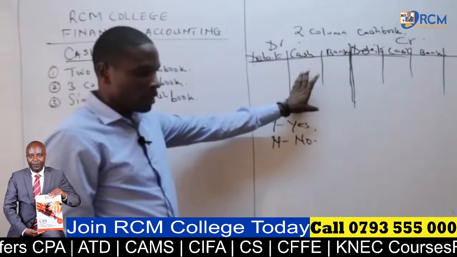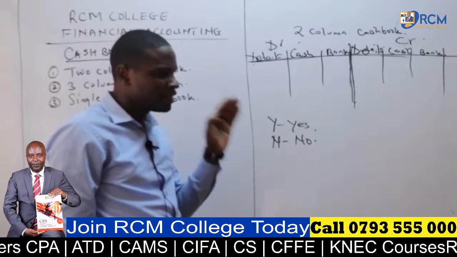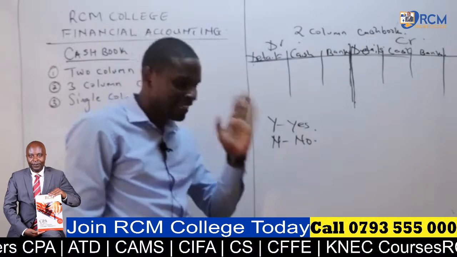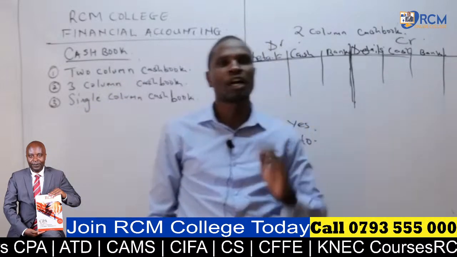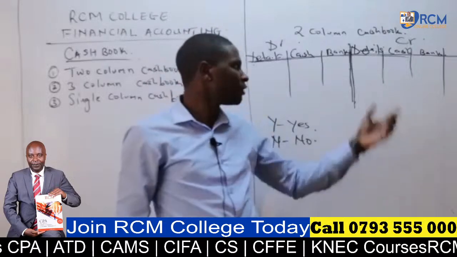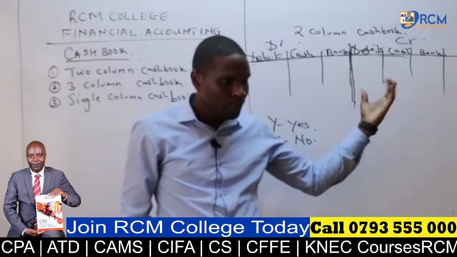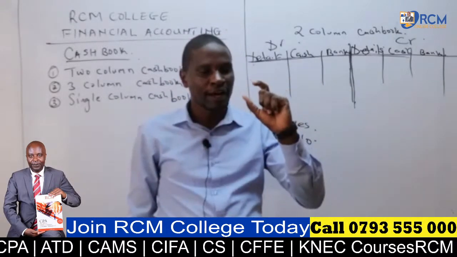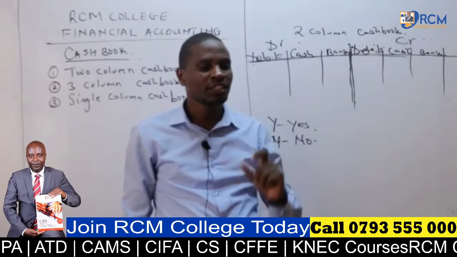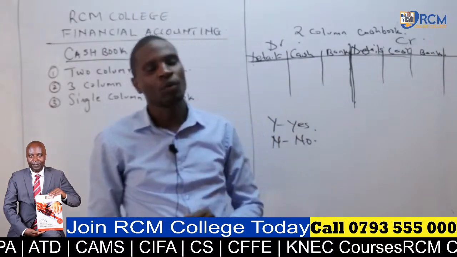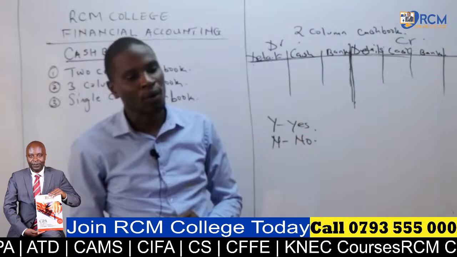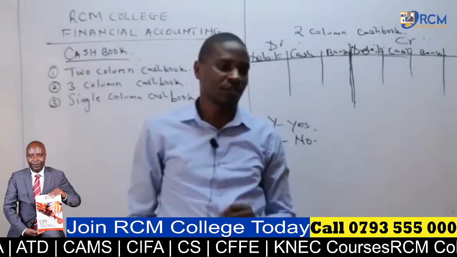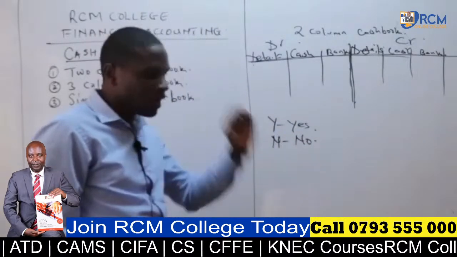Welcome to our today's class for those who are joining. Now, a 3-column cash book. Who can tell me what we add in a 3-column cash book? We just add another column, which is the item: discount allowed and discount received.